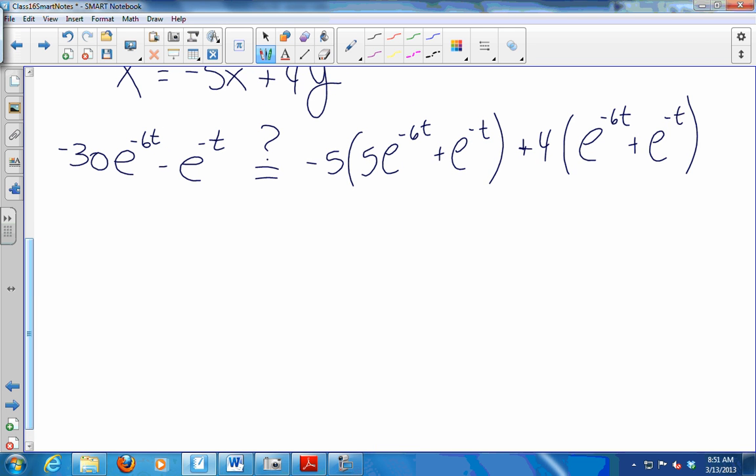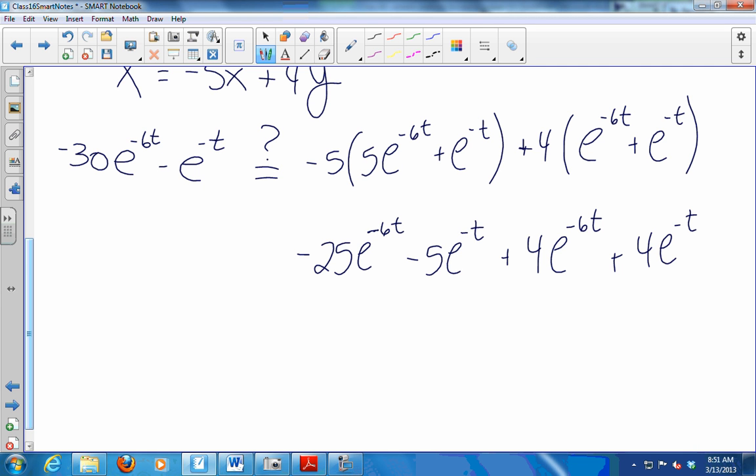So this comes out to negative 25 e to the negative 6t minus 5 e to the negative t plus 4 e to the negative 6t plus 4 e to the negative t. So no, because I've got negative 25 e to the negative 6t plus 4 e to the negative 6t is negative 21 e to the negative 6t.